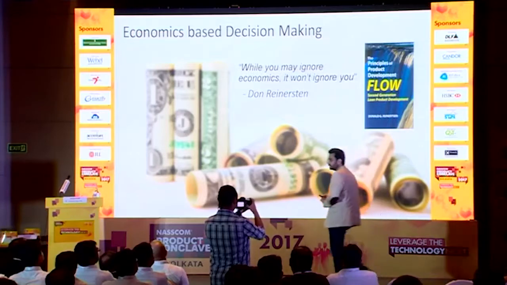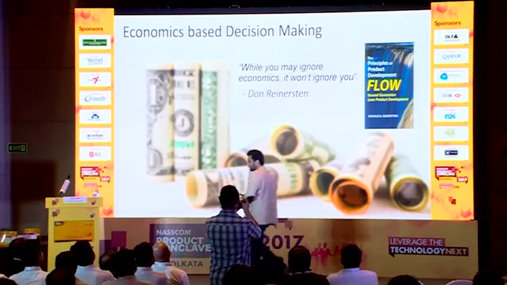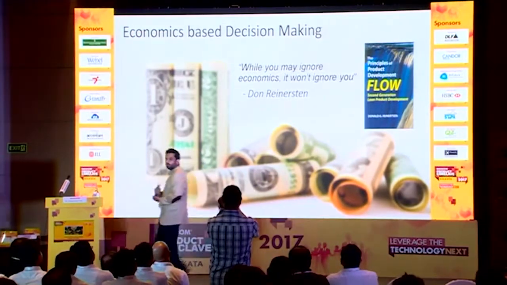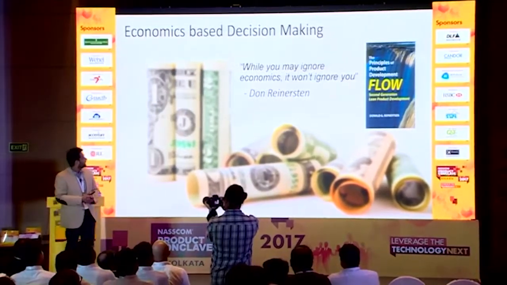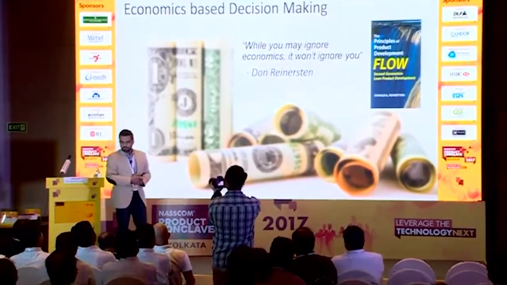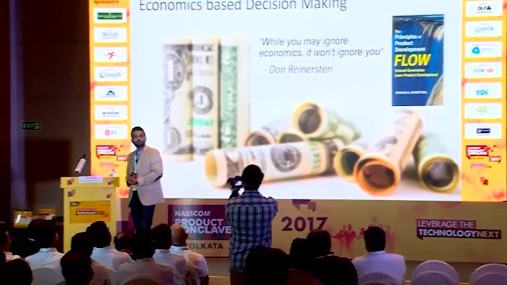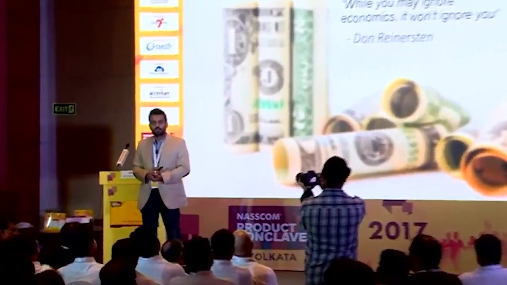So Donald Reinertsen is a guru in flow product development. He's saying that while you may ignore economics, economics will never ignore you. Right? So we will take decisions based on our biases, based on whatever we feel is right. If they are not economics-based decisions, we are going to get it wrong.